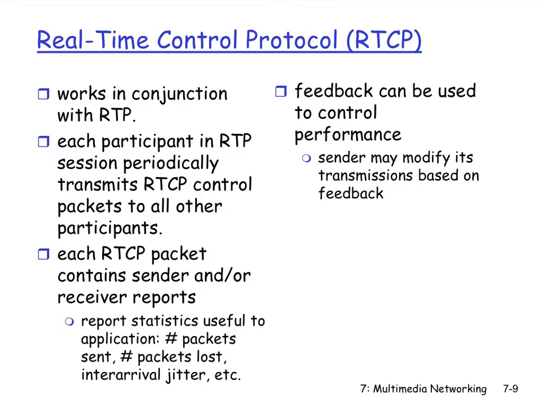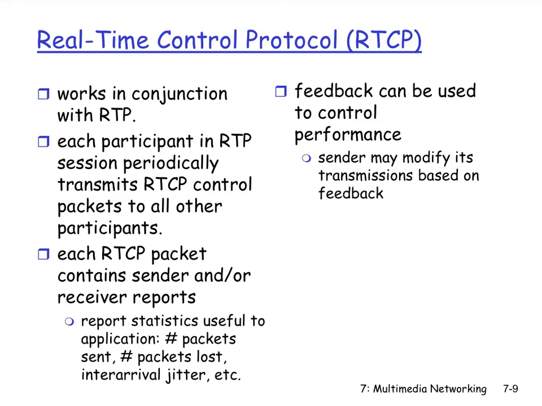So the receiver informs the transmitter of the number of packets sent or the number of packets lost, for detecting the packet loss, not to recover these packets. That's not the objective. The objective is just to detect that these packets have been lost. Okay? But retransmission is not in the scope of RTP. So feedback can be used to control the performance.